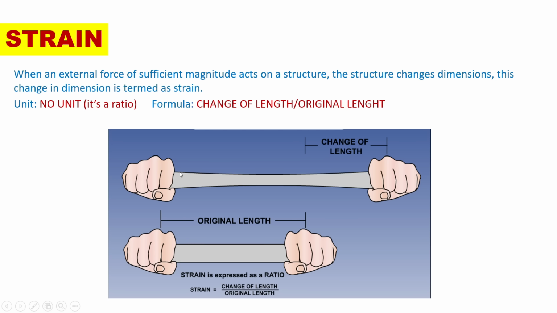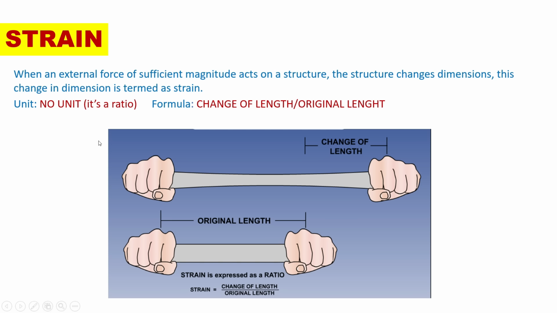And mathematically, if you want to know the formula, it is change of length by original length. So this is the change in length this much, because this was the original length and this is how much it has increased. So change of length divided by original length will give you strain. And if someone asks you what is the unit of strain, then tell them no unit, because strain is a ratio.